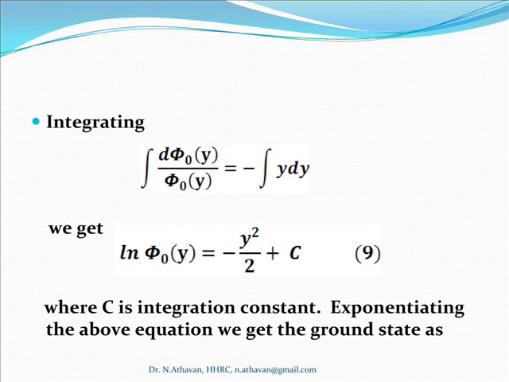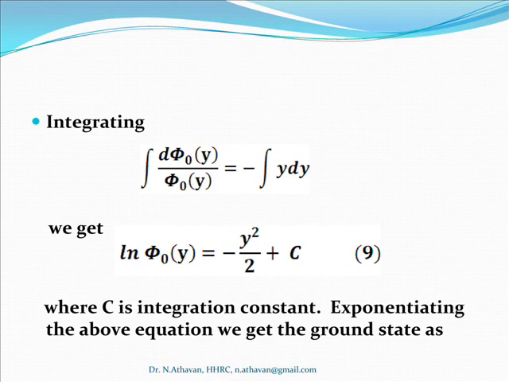When we integrate it, we get the integral of d phi 0 by phi 0 equal to minus the integral of y dy. This is a known integral. One can easily write the solution as log phi 0 of y is equal to minus y square by 2 plus c, where c is the integration constant.